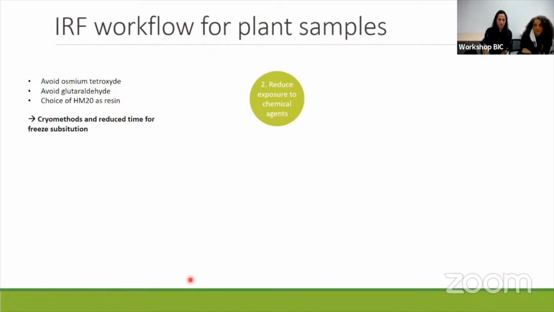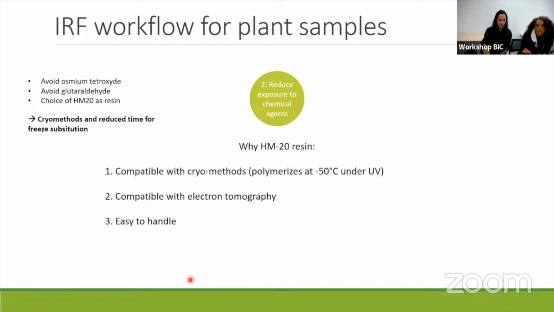We have to avoid the use of these components, and to do so, we use cryo methods. Also, compared to the standard cryo methods protocol we use in plants, we reduced the time for freeze substitution to expose the fluorescent protein less to chemicals.